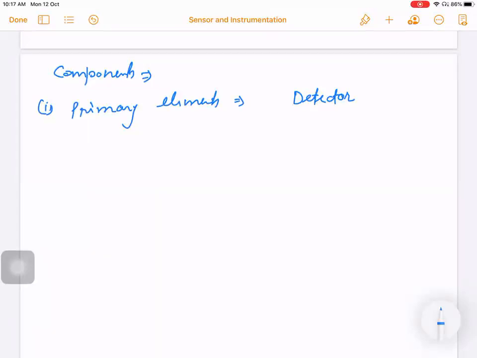So the basic primary element is your detector, because it is also part of your smart sensor. Clear? Another you have seen is your amplifier, for the purpose of amplification.